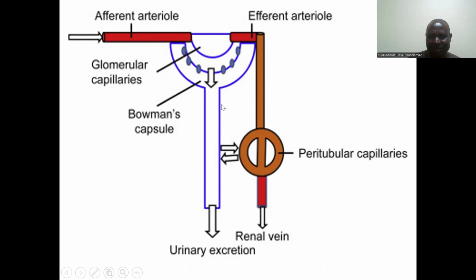The first one is the organic cation transporter, and the second one is the organic anion transporter. Let's get that clear. The organic cation transporter handles all weak base drugs, while the organic anion transporter, that is negative, handles all weak acid drugs. I hope it makes sense.